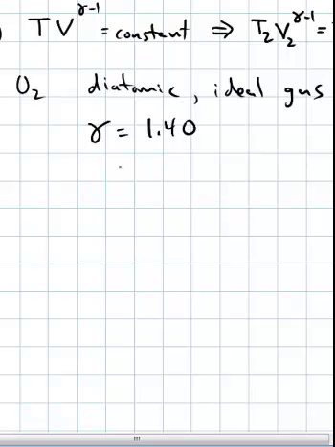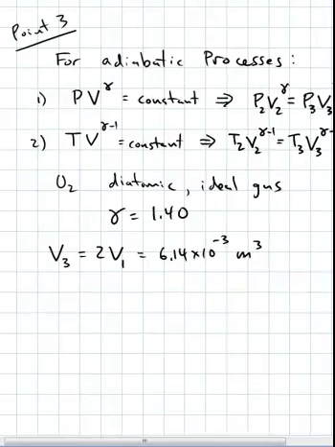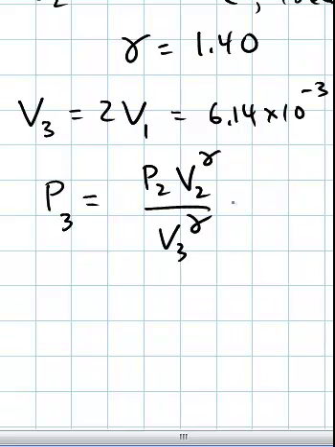We know something about the volumes. We know the volume at 3 is 2 times the volume at 1, 6.14 times 10 to the minus 3 cubic meters. And so the pressure at 3 is going to equal the pressure at 2 times the volume at 2 to the gamma over the volume at 3 to the gamma.